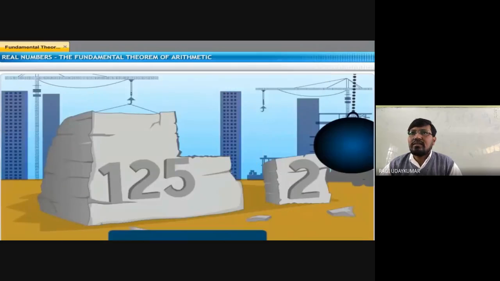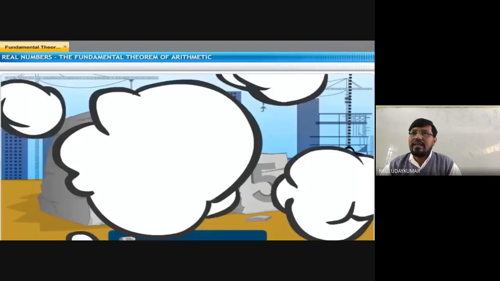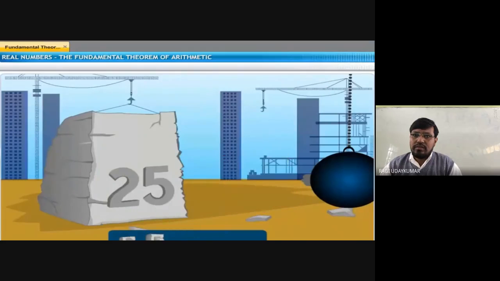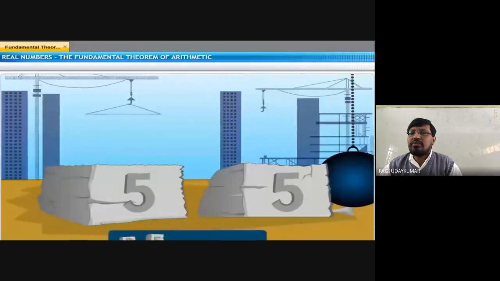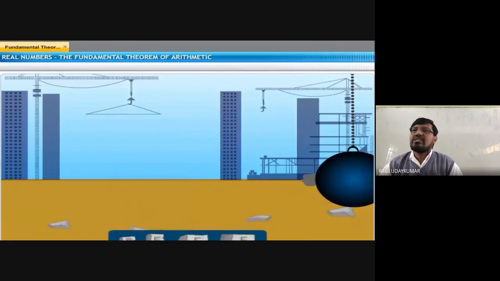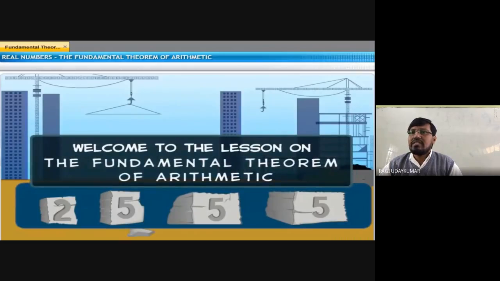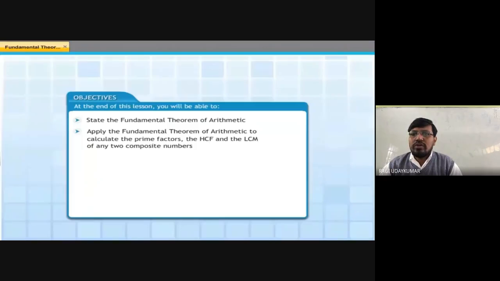The next topic, in the real numbers, is the fundamental theorem of arithmetic. Every composite number can be expressed as a product of primes. See here, 2 is a prime number, 5 is a prime number, 5 is a prime number. This is very helpful to you.